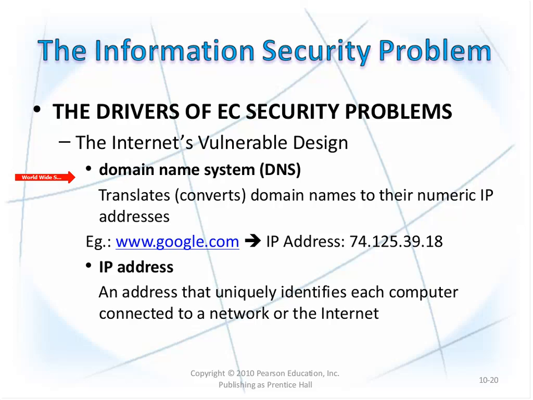This name, we call it the domain name system. For example, www.google.com. The IP address is 74.125.39.18.